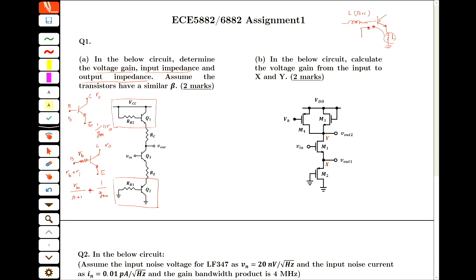So the whole thing would be for the upper part, and the lower part would be RB1 plus R. We will reach there.